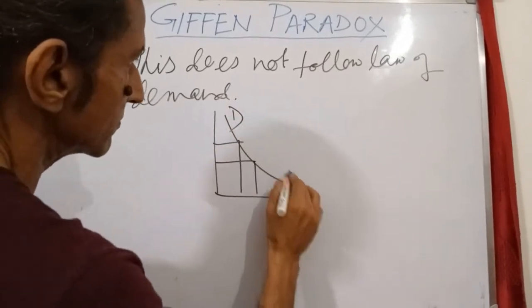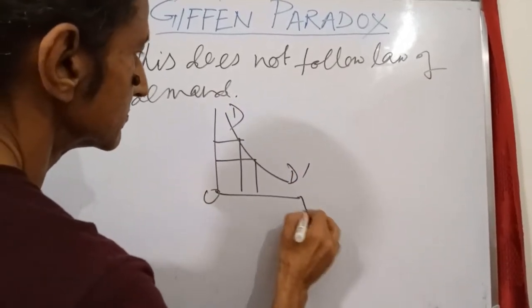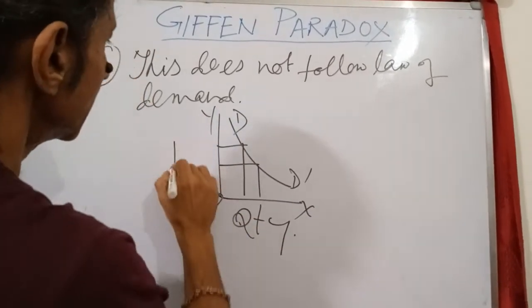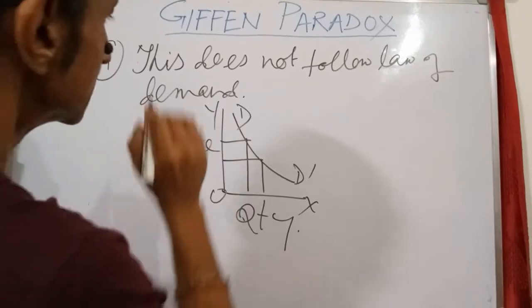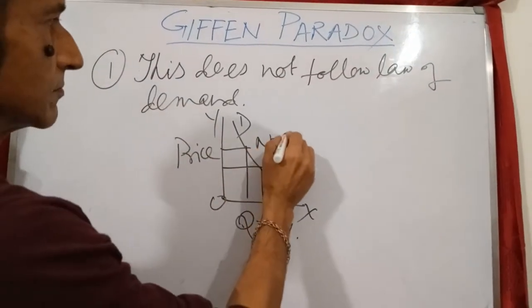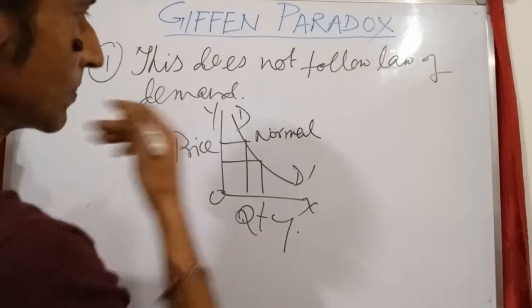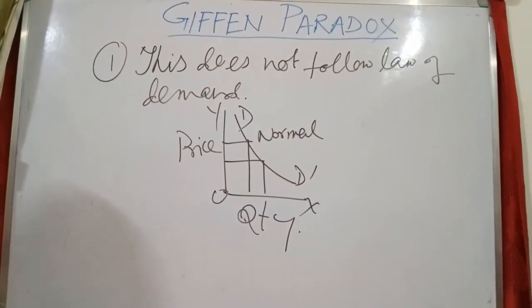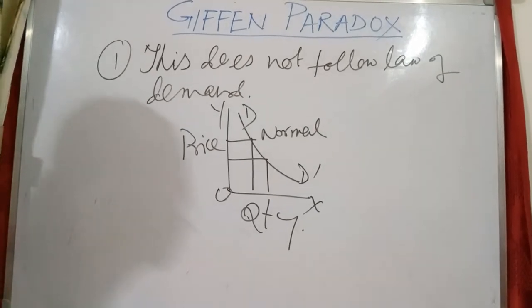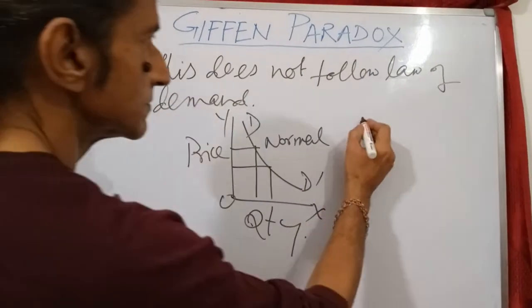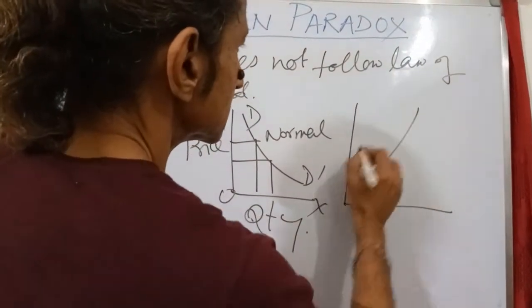So in normal cases, for normal goods, the demand curve would be downward sloping. This is the demand curve, with quantity and price on the axes. This is the normal demand curve. But in case of Giffen goods, the demand curve will be upward sloping, like this.